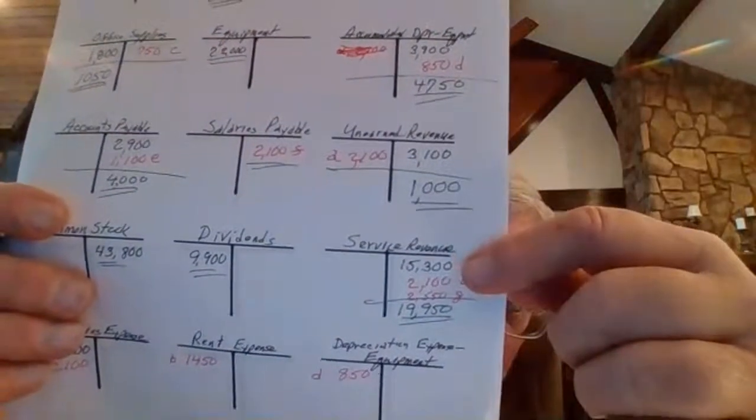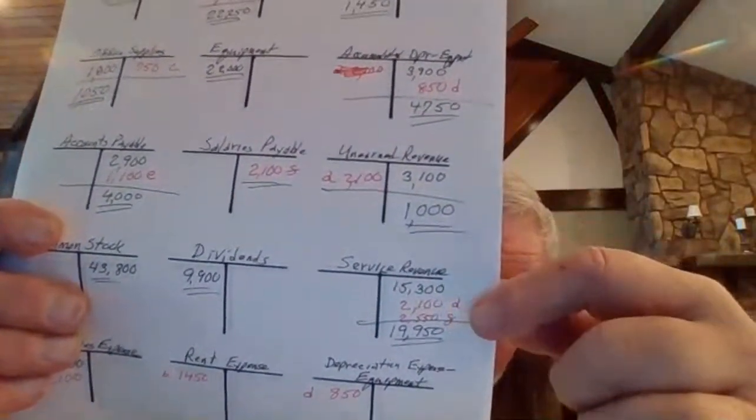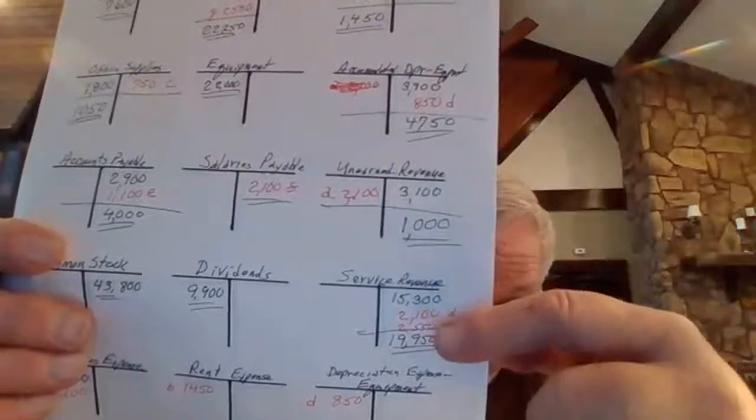So we're going to add $2,100 for the first adjusting entry A, and then the last one, G, increased the credit $2,550. So our new balance in service revenue is $19,950. There's the beginning of the balance that was in the account, adjustment A, adjustment G, new balance. They're credits, so you add them. Everything's on the credit side, you add them. Salaries expense had a balance of $3,300. Adjustment was for $2,100. It would make it $5,400.